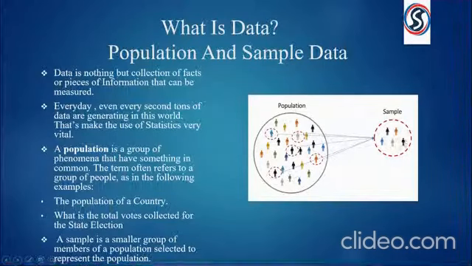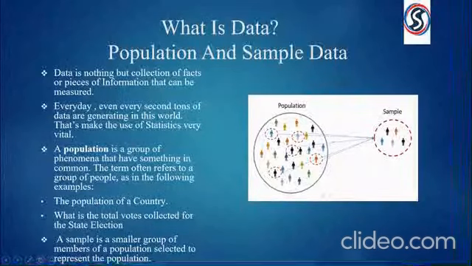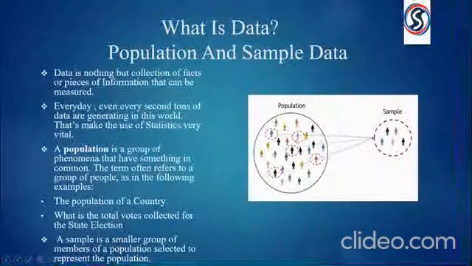Based on that, they make some clusters, and then they draw the conclusion. So it is not possible to compute a statistical analysis on the population data. That's why the researchers came up with the sample data.